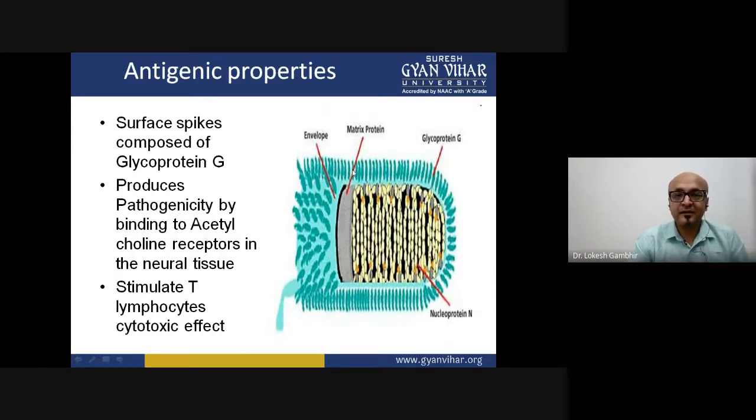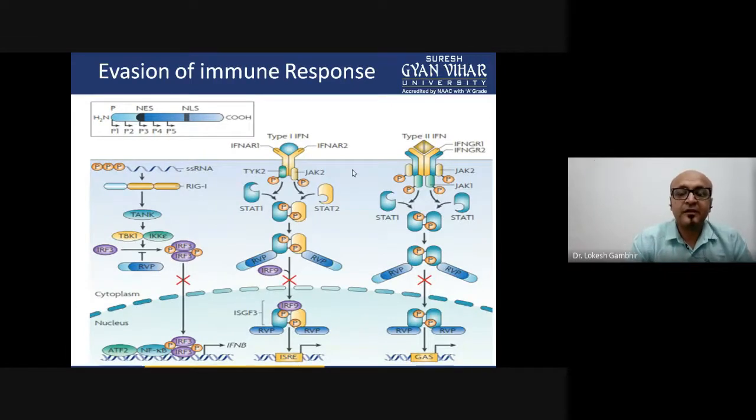This antigenicity, or evoking of an immune response, is generated when this glycoprotein, the spike, binds to the acetylcholine receptor. This binding and antigen will stimulate your T cell mediated response. What is the response under normal conditions? First of all, let us understand that.